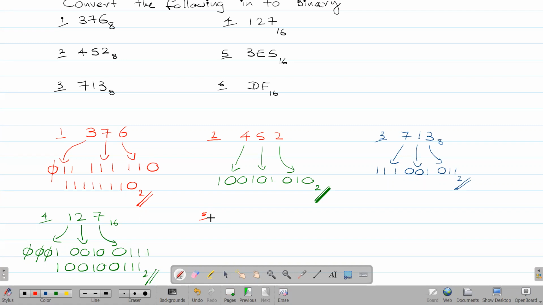The fifth one, it is 3E5. So 5 can be written as 0, 1, 0, 1. E means 14. It represents 14.